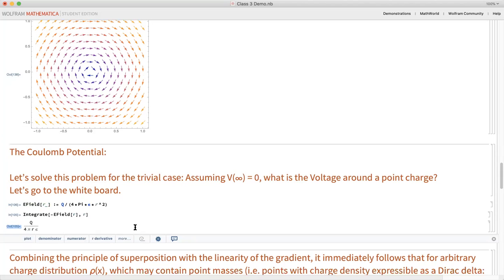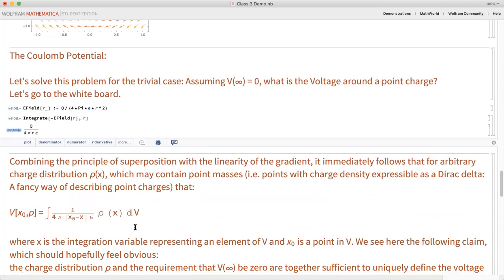Yeah, cool. Now, remember the principle of superposition for the electric field, right? That just says if you have 2 point charges or some distribution of point charges, the total electric field is just the sum of the electric field due to charge 1 and the field due to charge 2. Superposition.